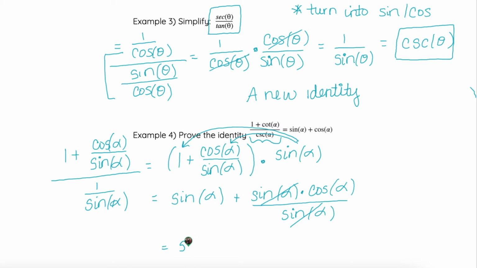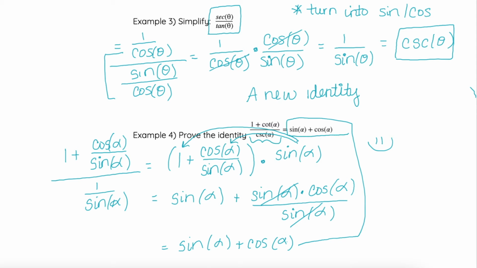And thus, we have sine of alpha plus cosine of alpha, alpha not theta, which is exactly what we wanted to equal. So now we know we're done. We found that, yes, in fact, they are equal to one another. So that tells me that we are over.